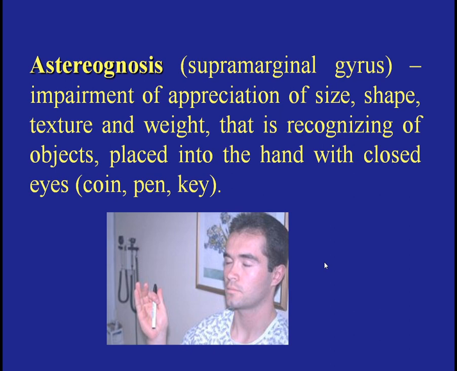Now we are discussing special types of recognition pathology which are typical for affection of the parietal lobe. The first one is astereognosis in case of supramarginal gyrus pathology.